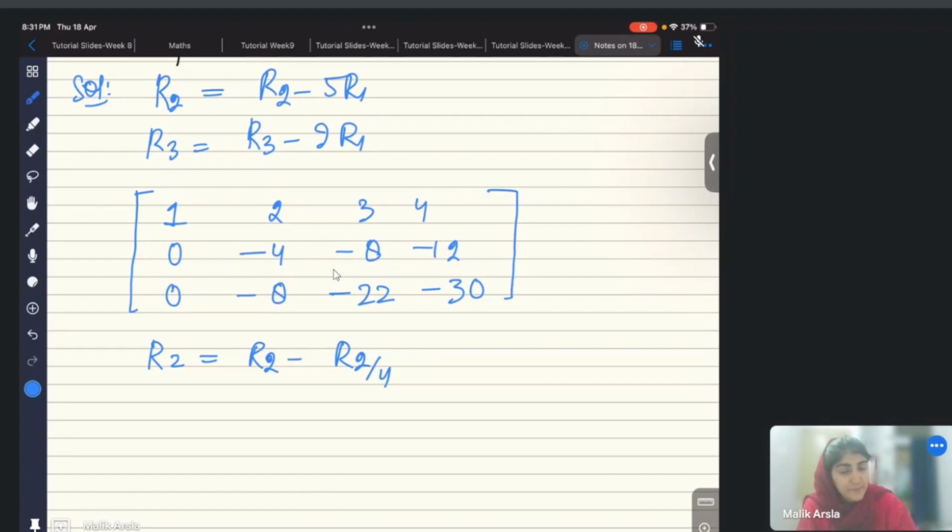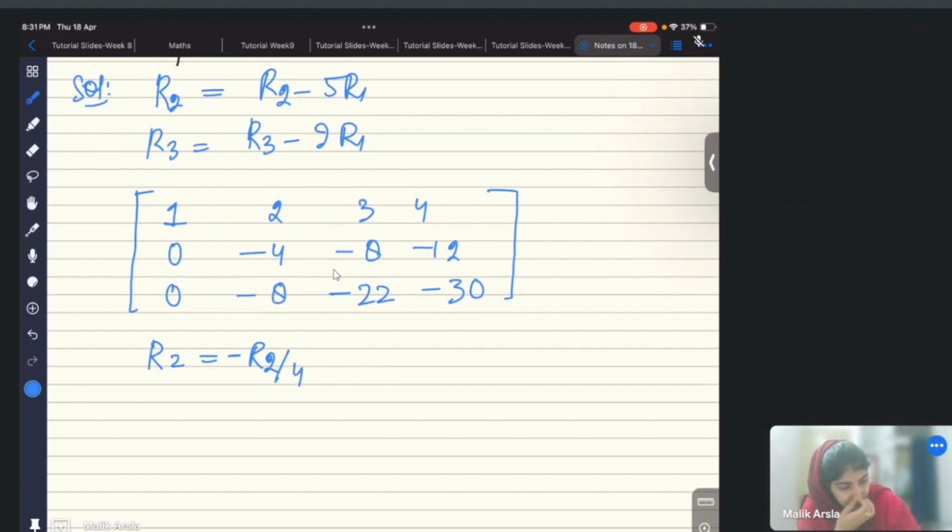We can do simply R2 equal to minus R2 by 4.